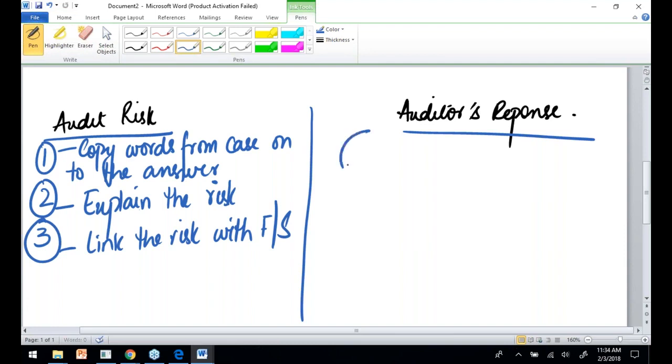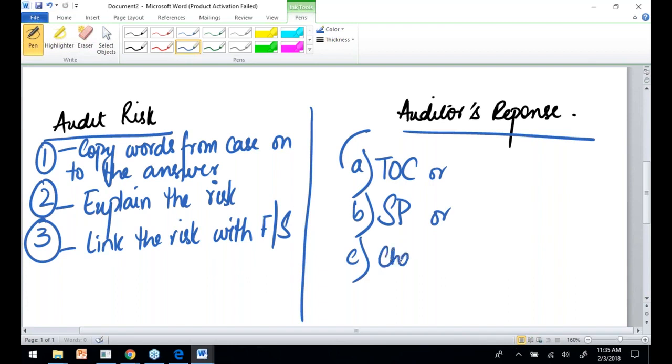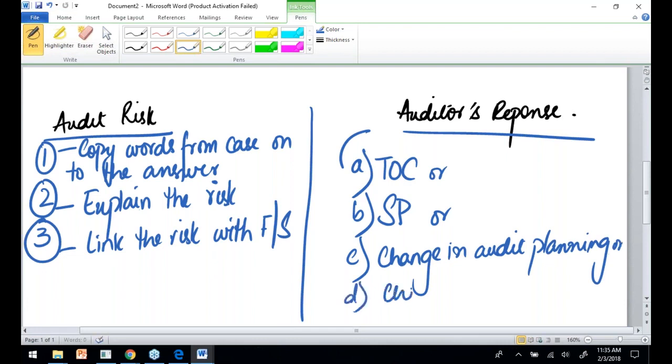An auditor's response could either be a TOC, or it could be a substantive procedure, or a change in audit planning methods, or a change in audit team. All right.